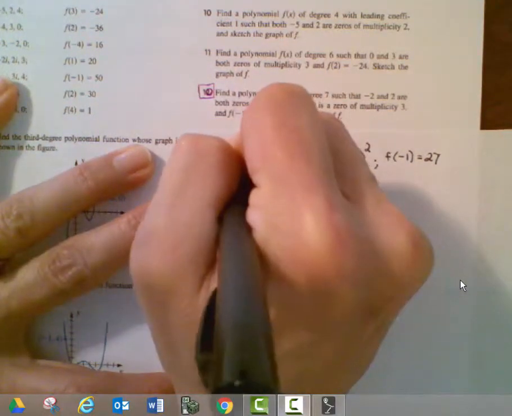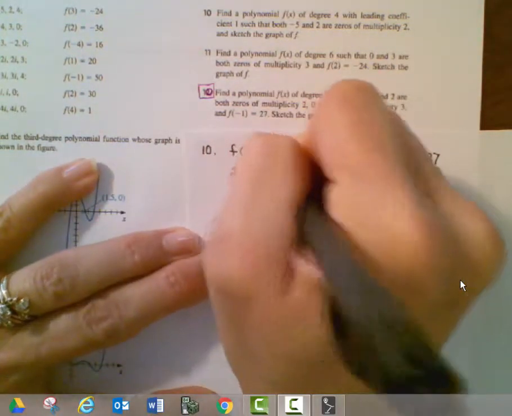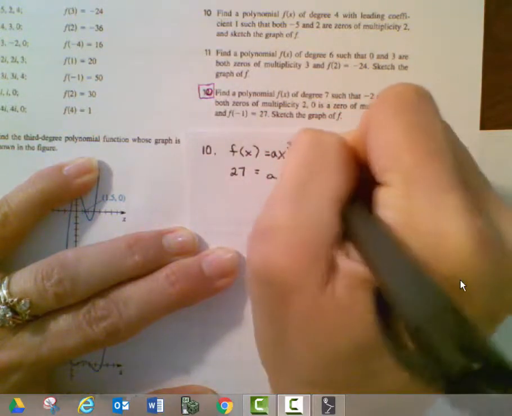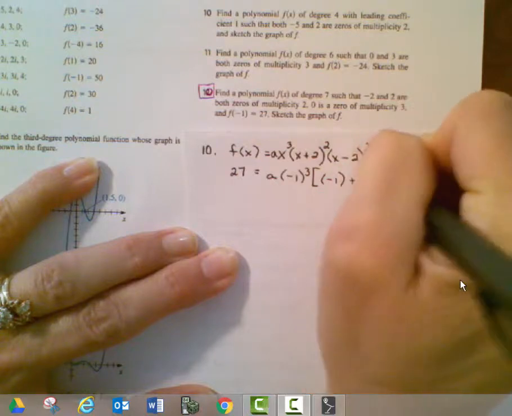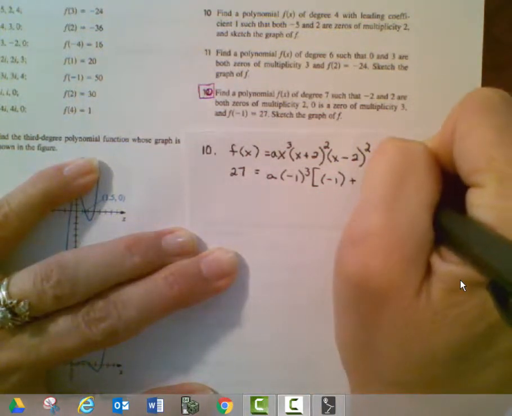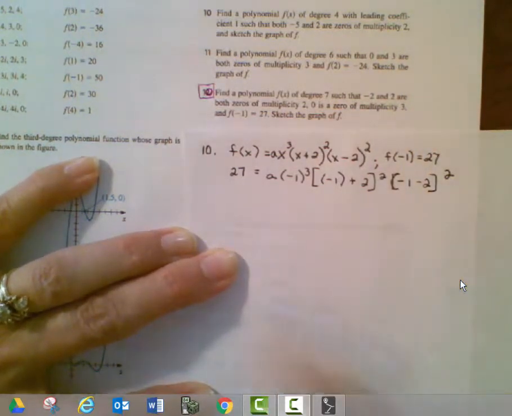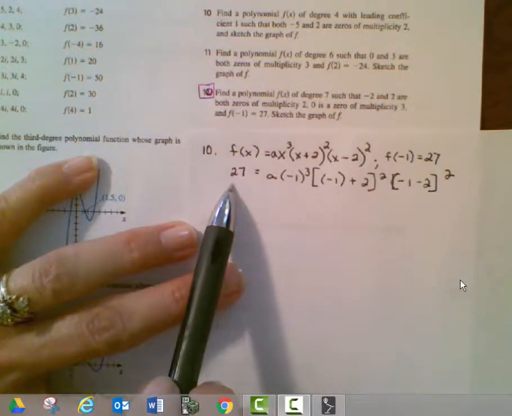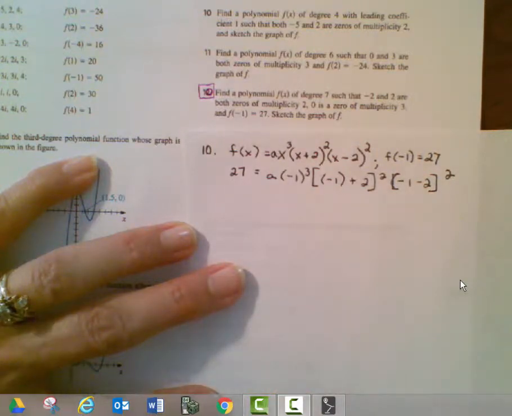Let me go ahead and put 27 in place of f of x and -1 in place of each of those x's. 27 in place of y and -1 in place of each of the 3 x's.